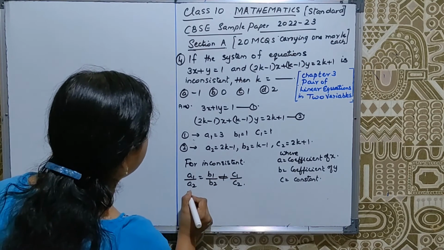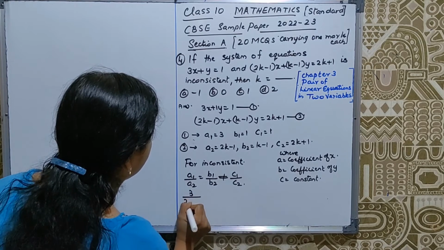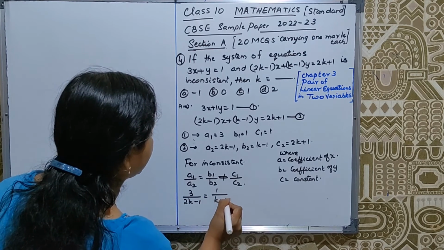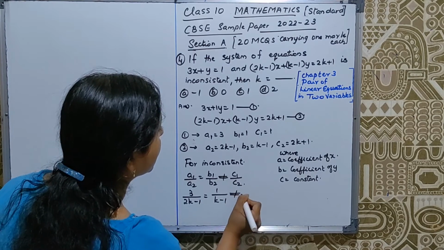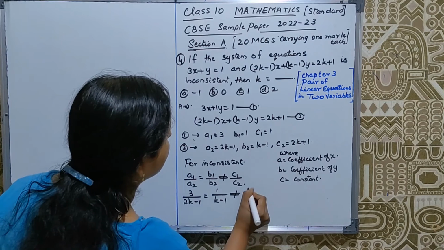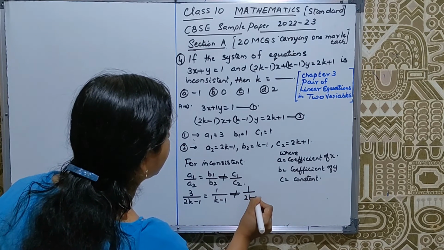So A1 by A2 is 3 divided by 2k minus 1, equal to B1 by B2, 1 divided by k minus 1, not equal to C1 by C2, which is 1 divided by 2k plus 1.